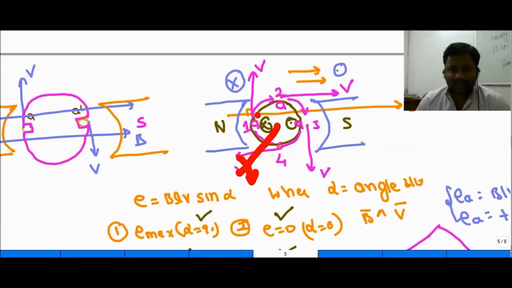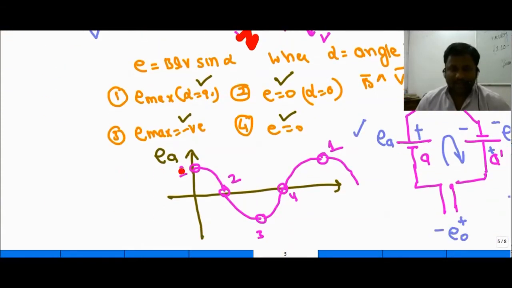Similarly, if the conductor reaches location point 2, the velocity vector and the field vector are in the same direction, so there is no induced EMF because the angle is 0. At location point 3, the velocity vector and the field vector make an angle of 90 degrees, but it is in 180 degree phase opposition with respect to location 1, so it is minus 90, and at point 4 the induced EMF is 0.